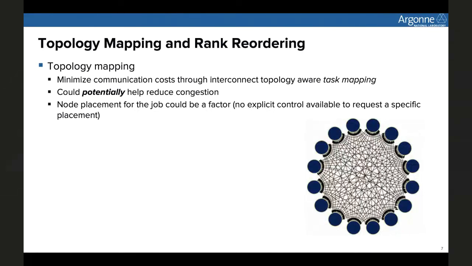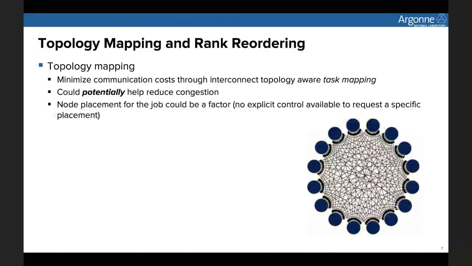By default, the job scheduler, at least on Theta, has no notion of contiguity. So the nodes that are allocated for a job could be scattered across the whole topology.